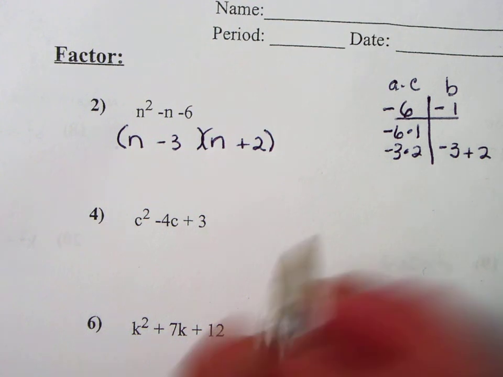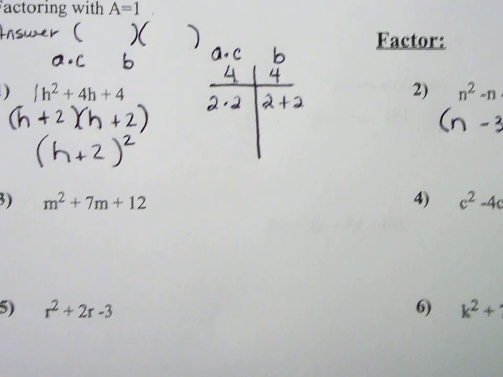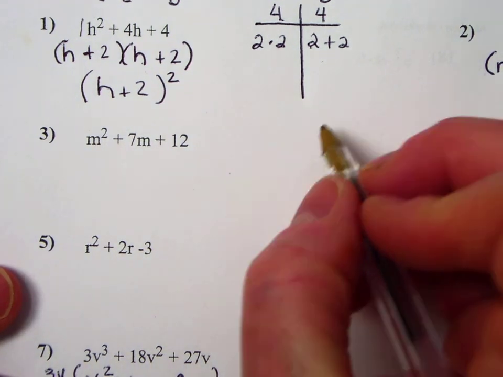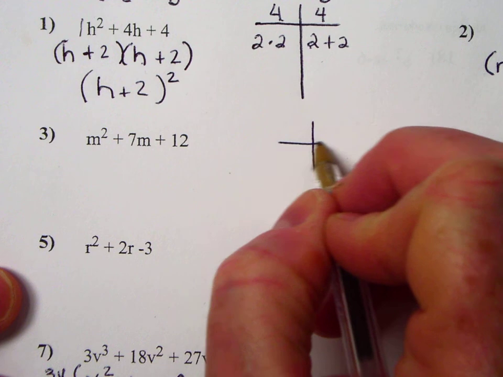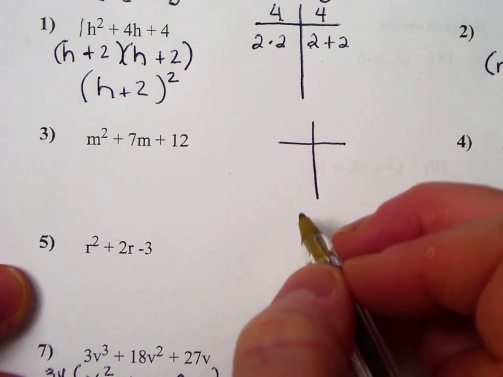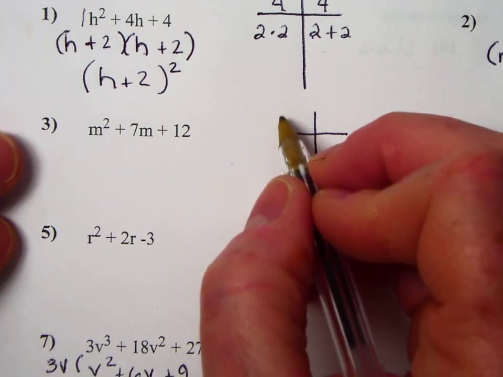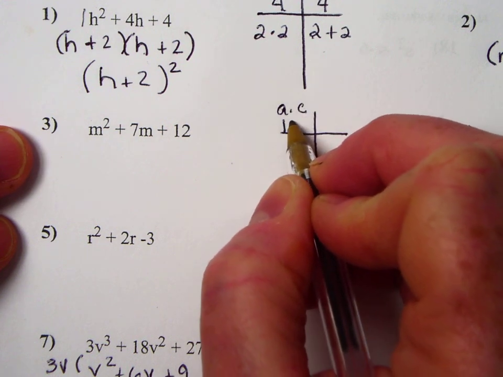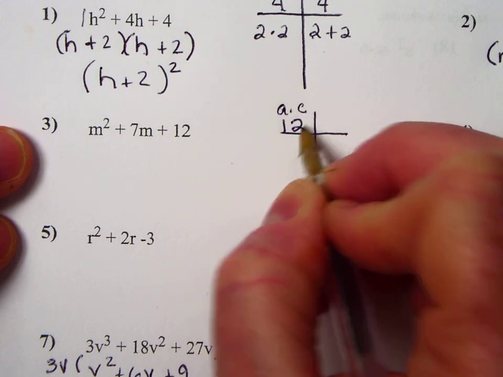You okay? Let's do a couple more. I want you to be really comfortable with this when I let you go. All right? Okay, build your table. And these numbers are fairly small, so you should be able to find the answers pretty quick. A times c, that's going to get you a 12.